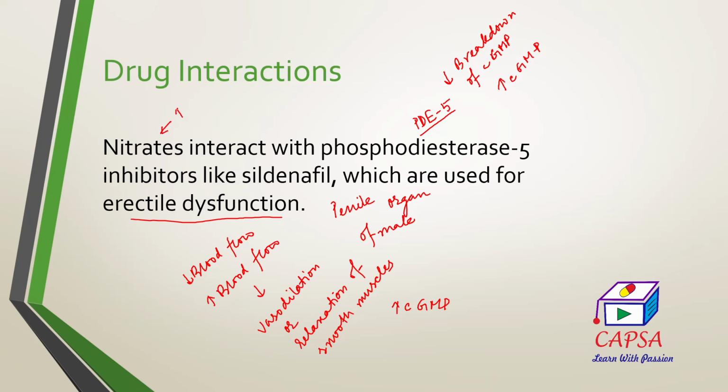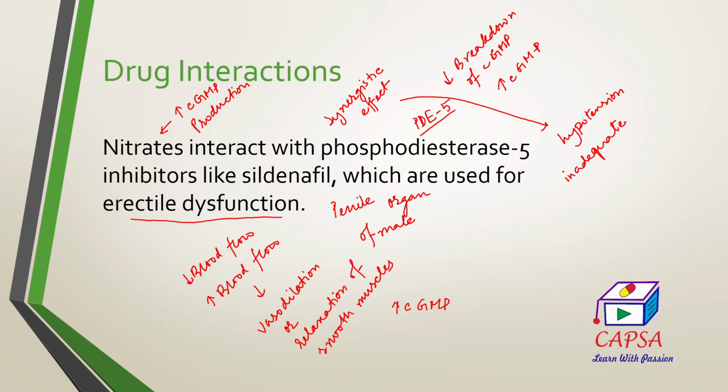Nitrates also increase the cyclic GMP production. What happens then? Obviously, both of these drugs show synergistic effect. As a result, hypotension, inadequate perfusion of higher organs.